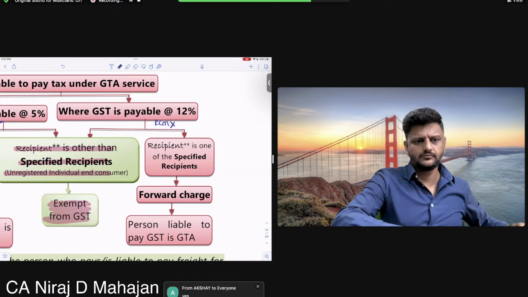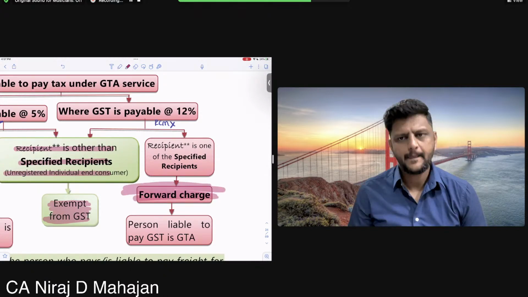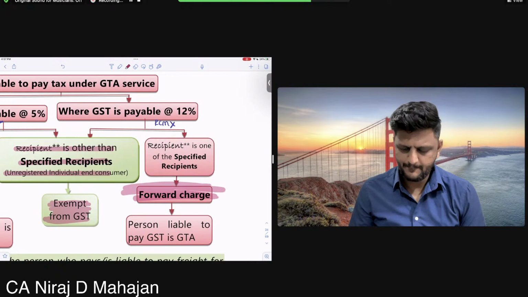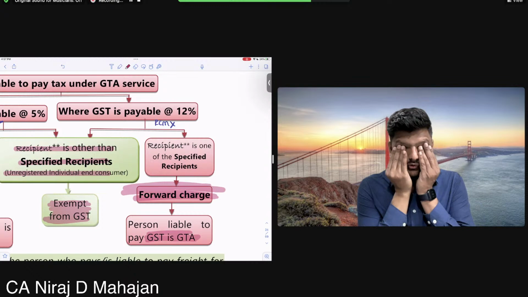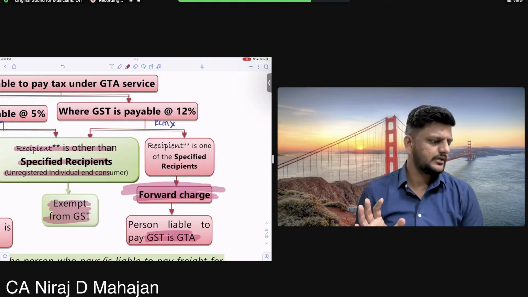Forward charge. So person liable to pay GST is GTA. So not that tough. What did you check? 5%, 12%. After that, the next level, just check बच्चों specified person, not specified person.